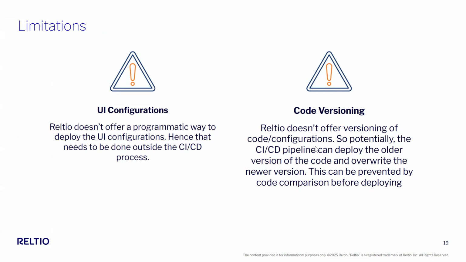And code versioning, we do not offer the out of the box versioning capability for any code and configuration. So it's possible that the pipeline can deploy the older version of the code and override the newer version. That's a possibility. To mitigate this, you can do a code comparison before deploying, again using the standard scripts or a pipeline-based process. So you can mitigate it, but again, Reltio doesn't offer a standard versioning capability.